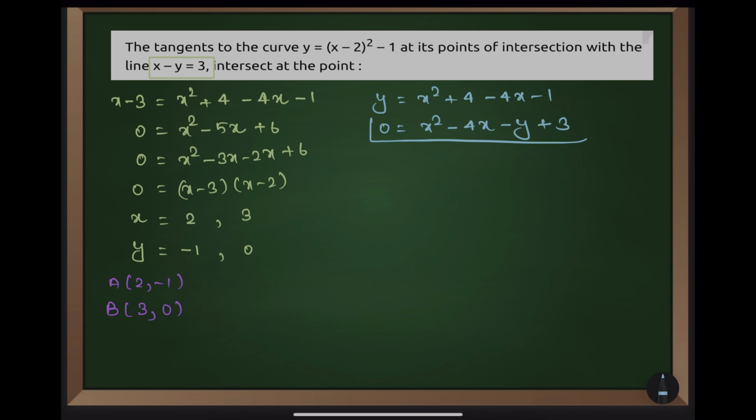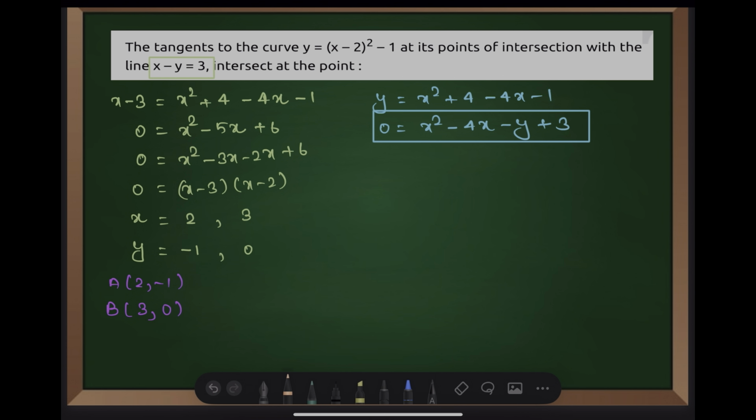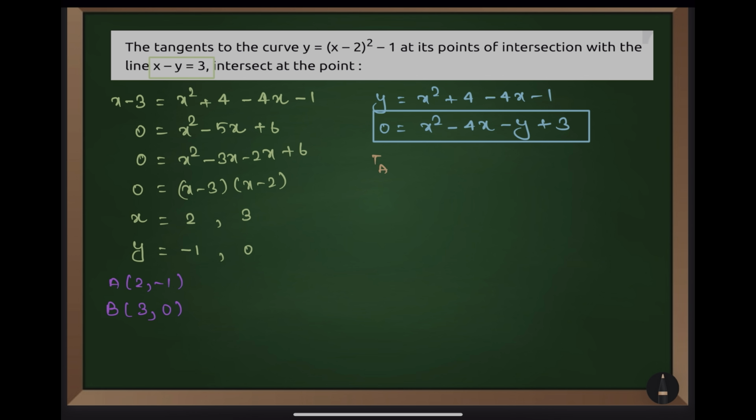Now I want the tangent at point A, so I'll go with TA equals 0. T equals 0 is the transformation, because the point is on the curve. So x square will be replaced by x x1, and minus 4x becomes minus 4 times (x plus x1) by 2, minus y becomes minus (y plus y1) by 2, plus 3 is equal to 0.